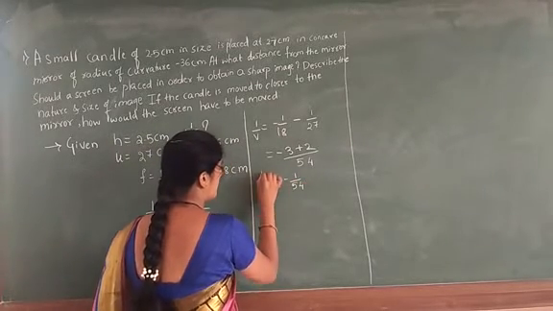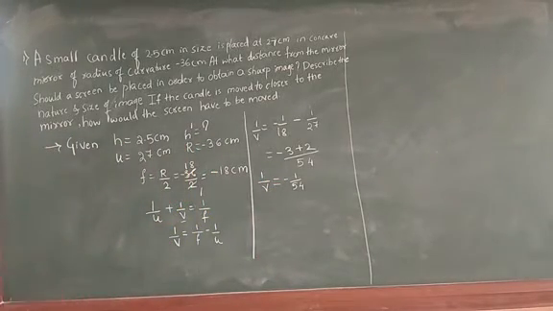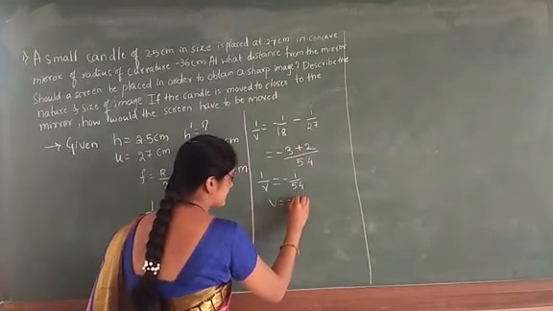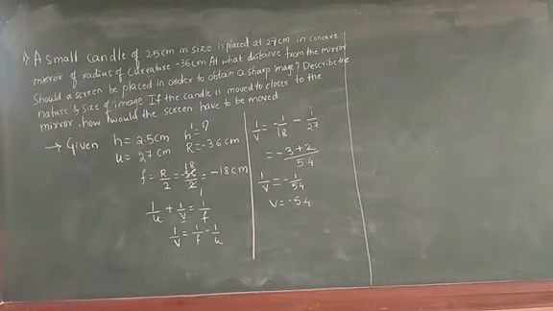The value of 1 by v is minus 1 by 54. Therefore, the screen should be placed at 54 centimeter away from the mirror, that is v is equal to minus 54, to obtain a sharp image.